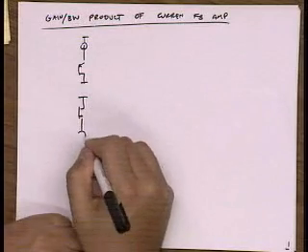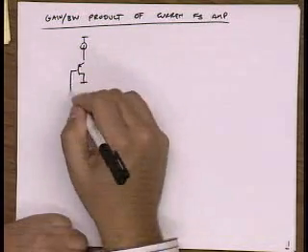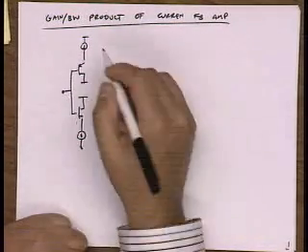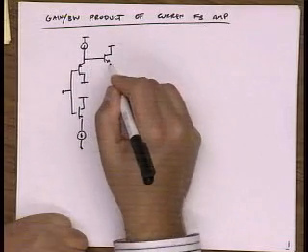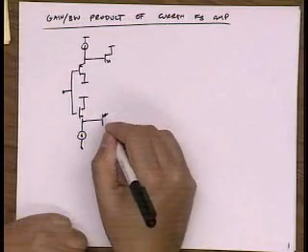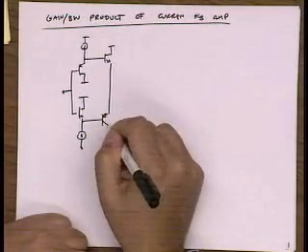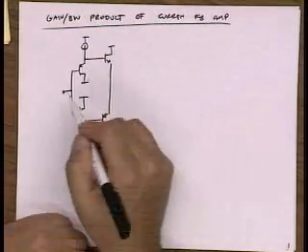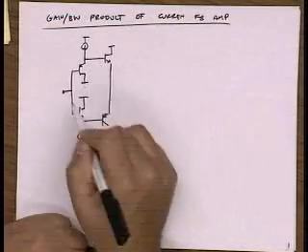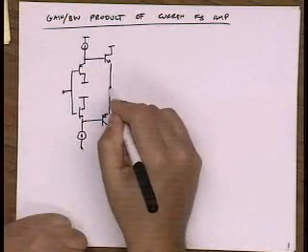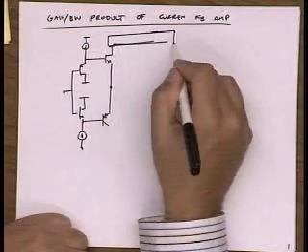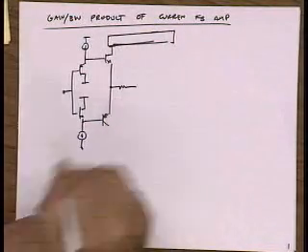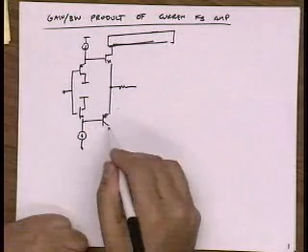So remember, for a current feedback amplifier, the input stage is just a buffer, a unity gain buffer. And we use a Darlington stage here because we want to get as high of an input impedance as possible. Then this buffer is going to drive some external resistor and generate a current.